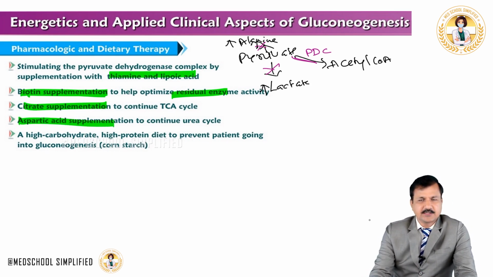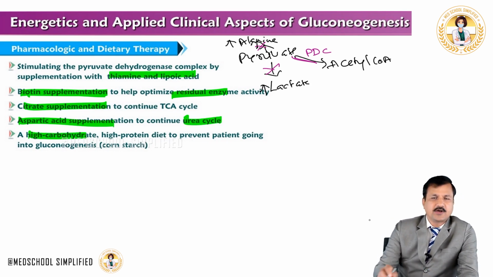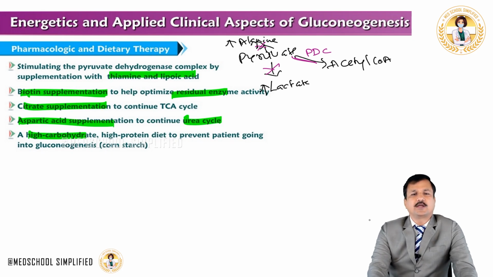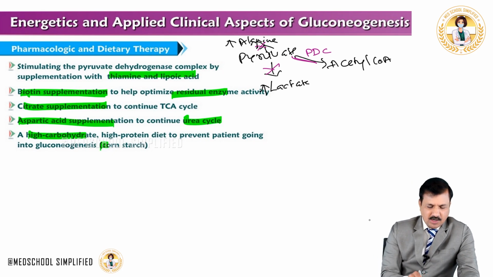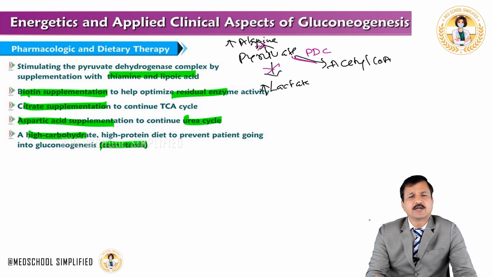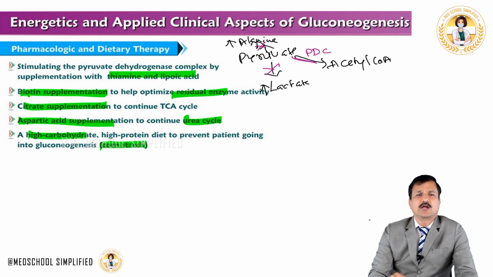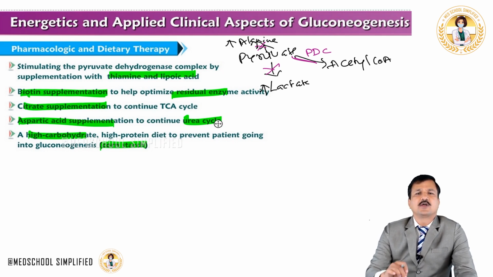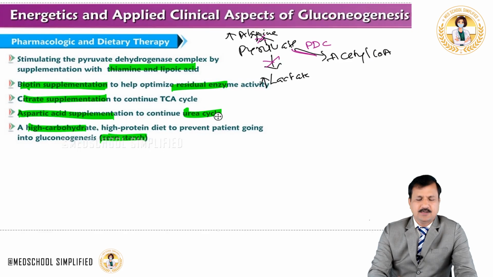Aspartic acid supplementation to continue the urea cycle can be done, and also to prevent fasting hypoglycemia, a high carbohydrate diet or high protein diet to prevent the patient from going into gluconeogenesis, especially cornstarch is the one that has been tried. So these are some of the pharmacological and dietary therapies that we can use in trying to decrease the signs and symptoms of pyruvate carboxylase enzyme deficiency.